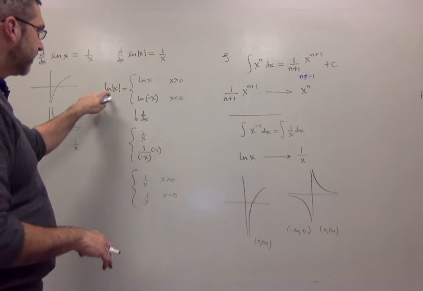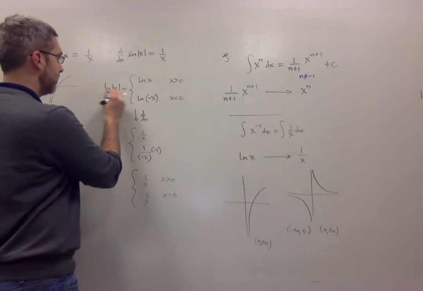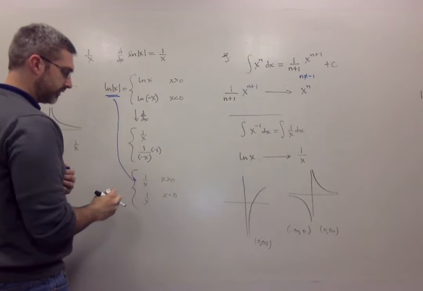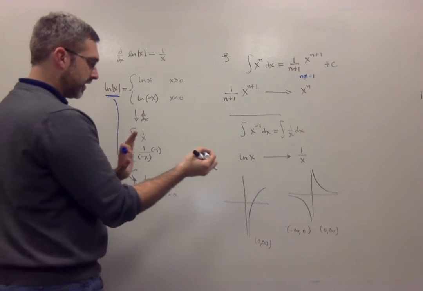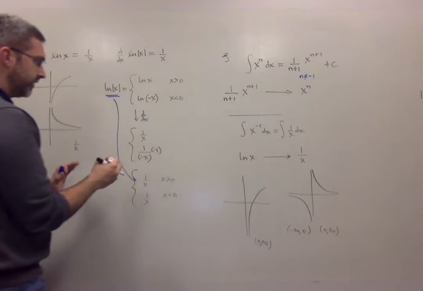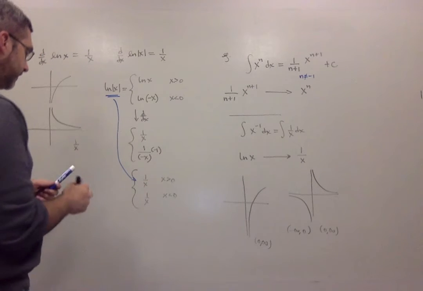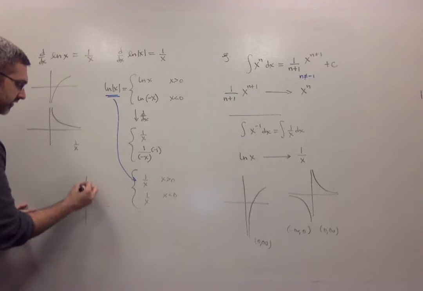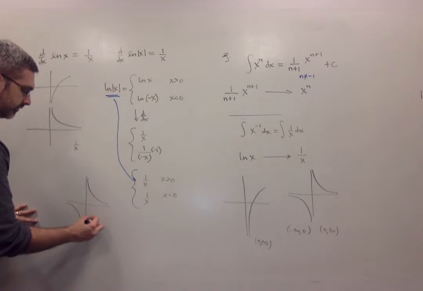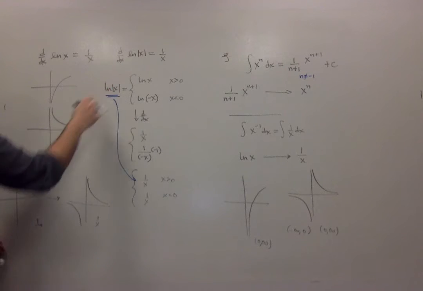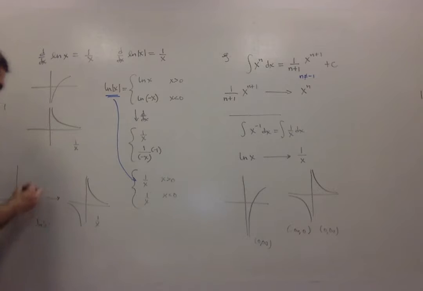That means that this function right here differentiates to the function 1 over x, whether we're talking about positive numbers or negative numbers. What that means is that to go backwards, the 1 over x function anti-differentiates to this much more general natural log of absolute value of x function, which ends up looking like that.